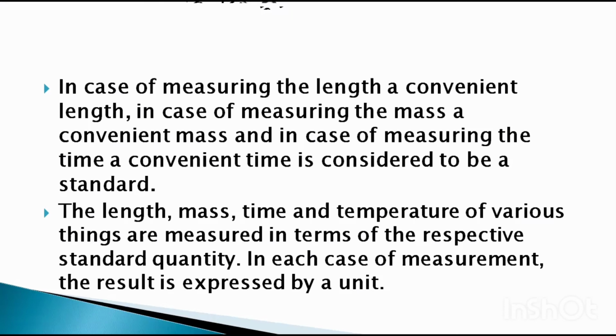That means if anybody asks what is the standard measurement of time, let me give you: second; and for length, kilometer. This is the measuring quantity. The length, mass, time, and temperature of various things are measured in terms of the respective standard quantity. In case of measurement, the result is expressed by unit.